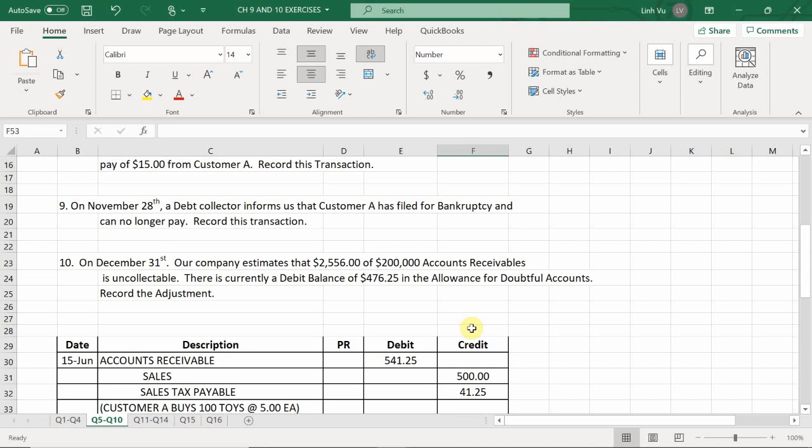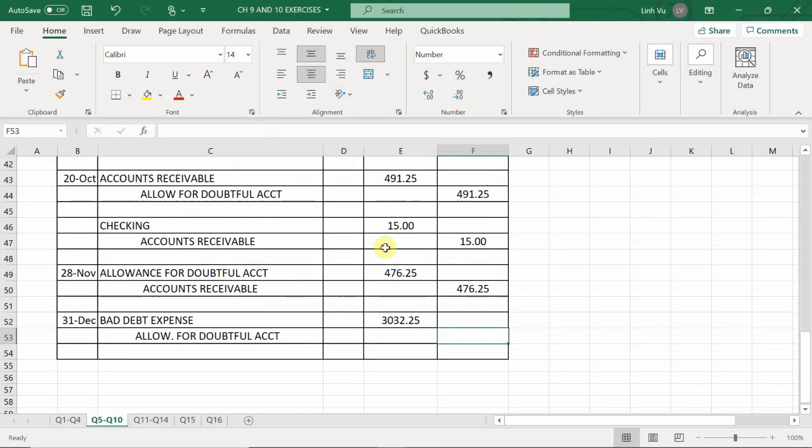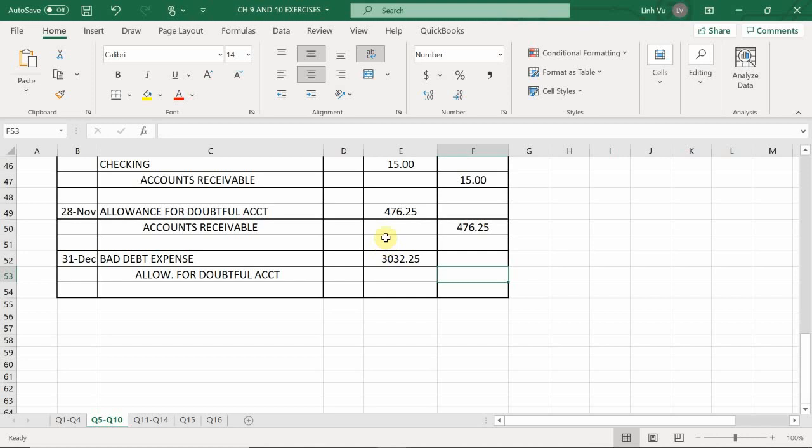So in this case, we're going to add the $476.25 because it's currently a debit balance. Debit tells you to add, credit tells you to subtract. So by adding these two numbers together, you're going to get $3,032.25.